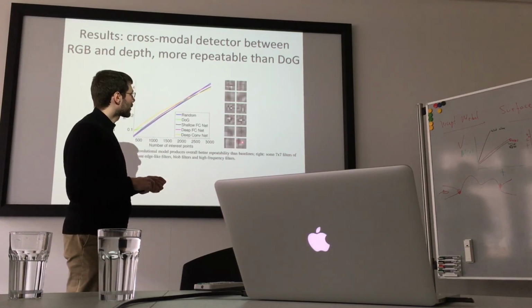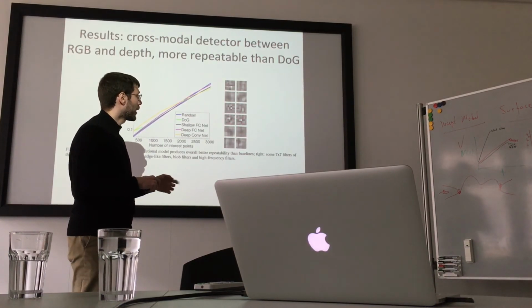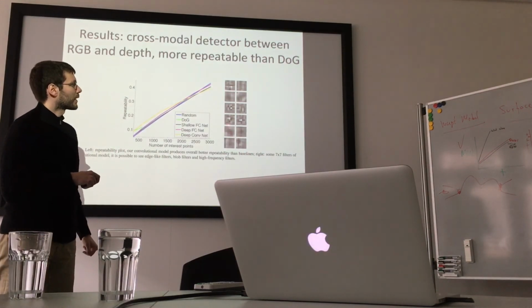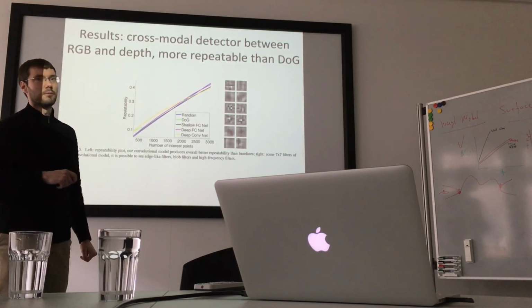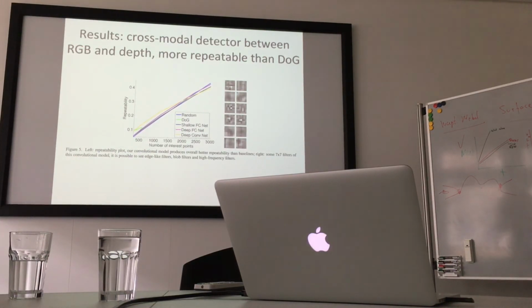But in my opinion, there are some high frequency components, some blob-like components like this one, and some edge-like components like this one. Although they look blurry, you can see that the network learned something different from just a simple radially symmetric function.